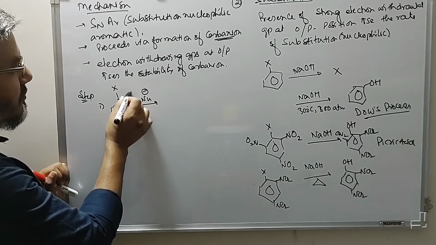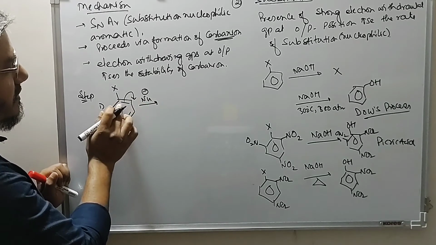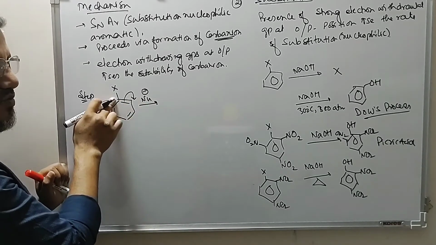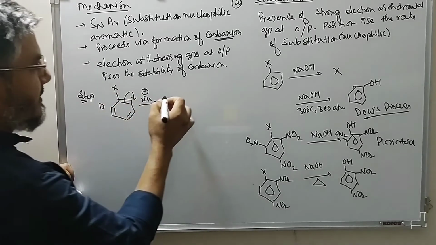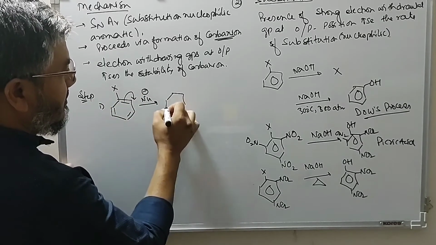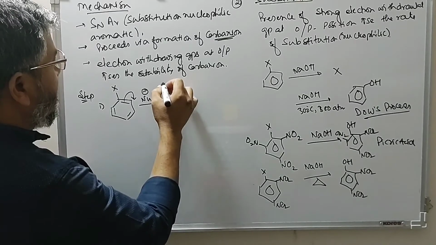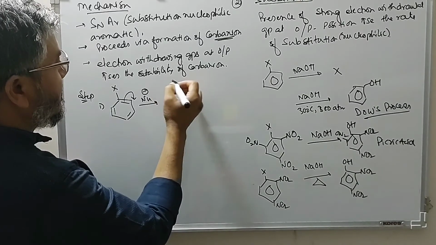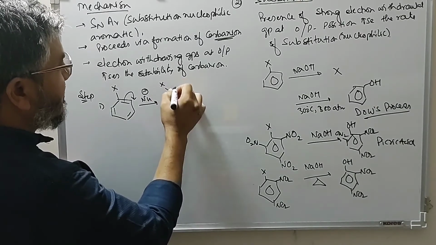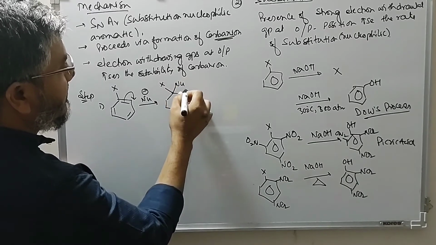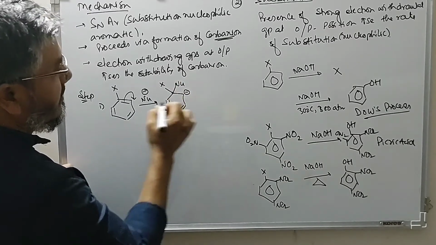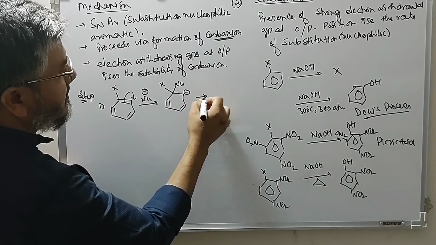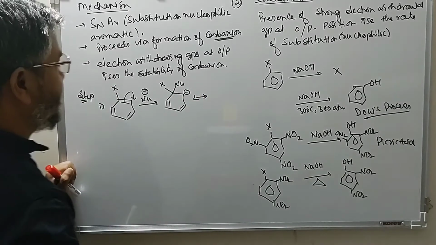So this pi electron is shifted here. When this is shifted here, this carbon becomes positive and the nucleophile attacks here. So we have X, and we have this nucleophile, carbon is negative. So this negative carbon is resonance stabilized.